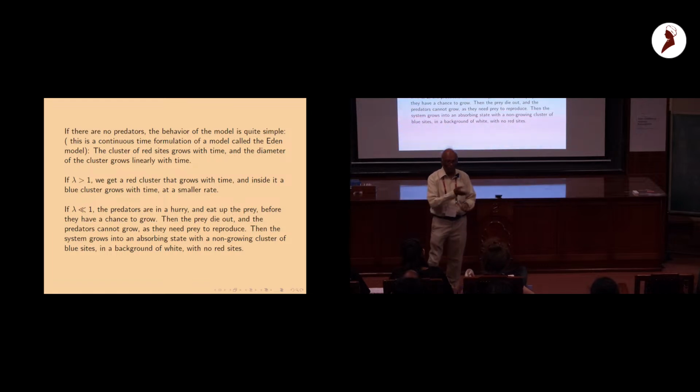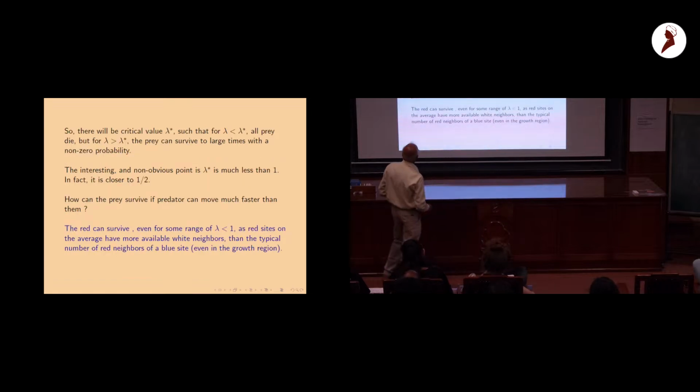We already said all this. I'm just repeating it. Okay, so there will be a critical lambda star such that for lambda less than lambda star, all prey die. For lambda bigger than lambda star, the prey can survive for long times with a non-zero probability. Okay? And the interesting non-obvious point is that lambda star is much less than 1, it is closer to half.